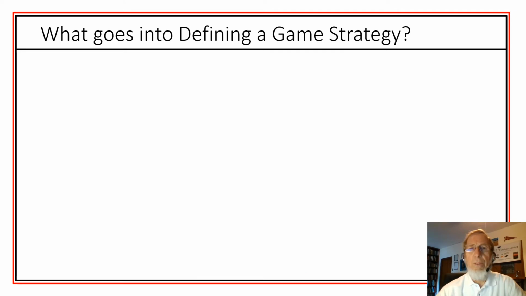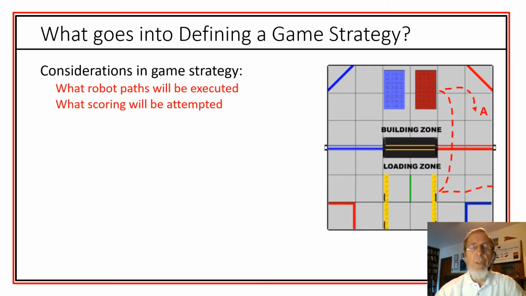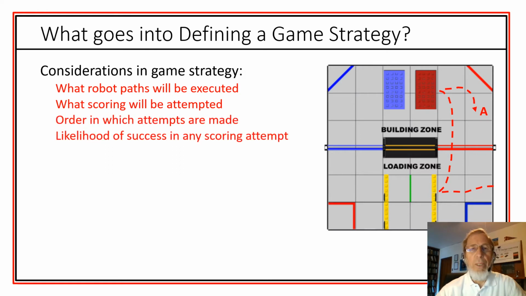What goes into defining a game strategy? The considerations include what the paths are that the robot will be expected to execute, what scoring attempts we will make. Even the order in which we make these attempts will be important.